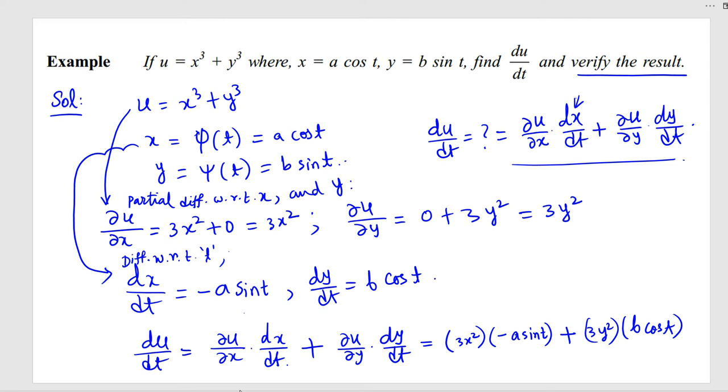Remember this is du/dt. So this du/dt is actually minus 3a x square.